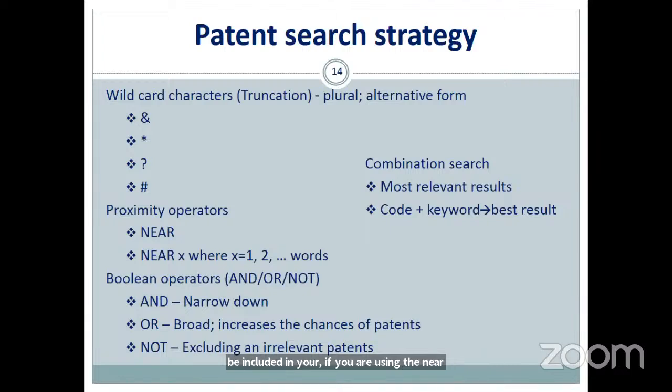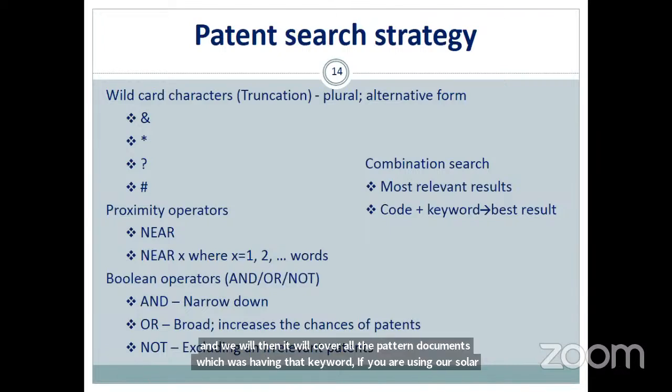Okay, and then you can go with the Boolean operators: and, or, not. AND is used for narrowing down your search, solar and vehicle. If you are using solar and vehicle, then it will cover all the patent documents which have both keywords, solar and vehicle. If you are using OR, solar or vehicle, then it will be a broad search.